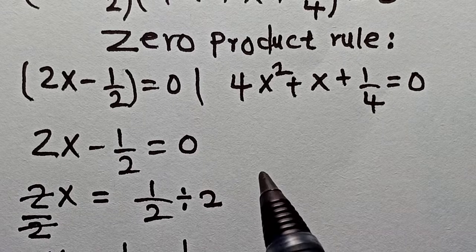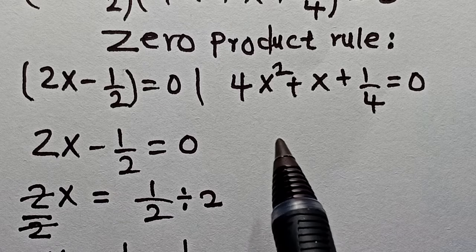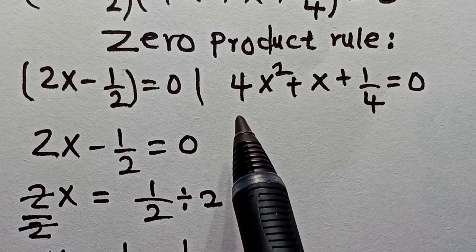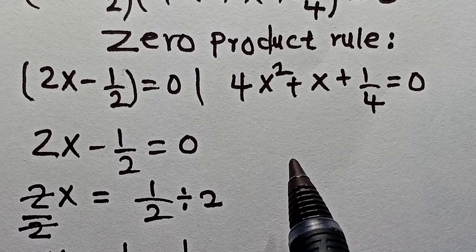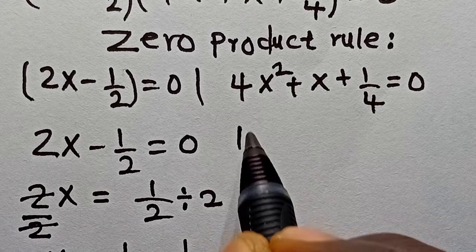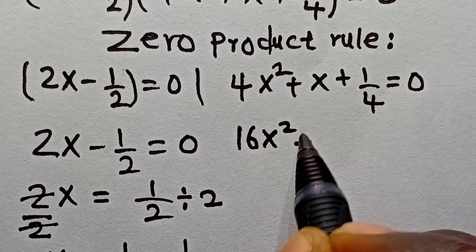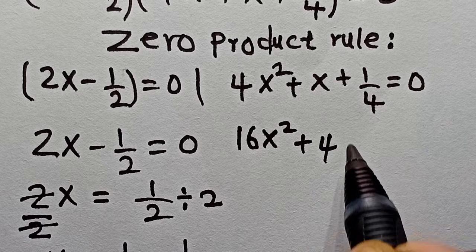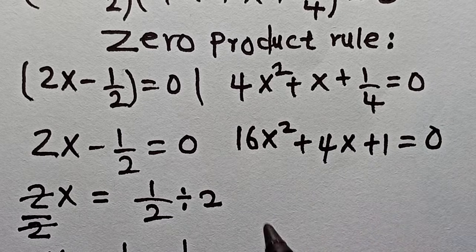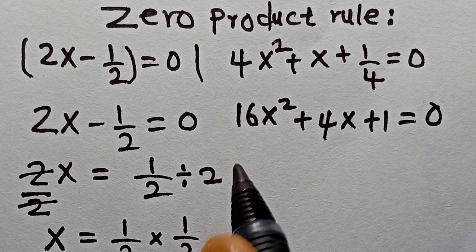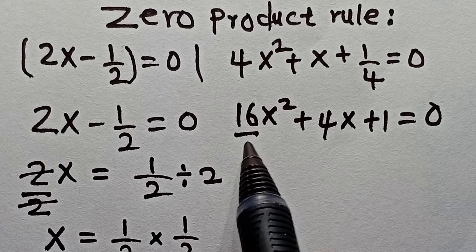Then likewise happen to this. Let's multiply through by 4. Here will be 16x squared, 4 times this will be 4x, plus 1 equals 0. Now let's try to make the coefficient of x squared to be 1. Divide through by 16.